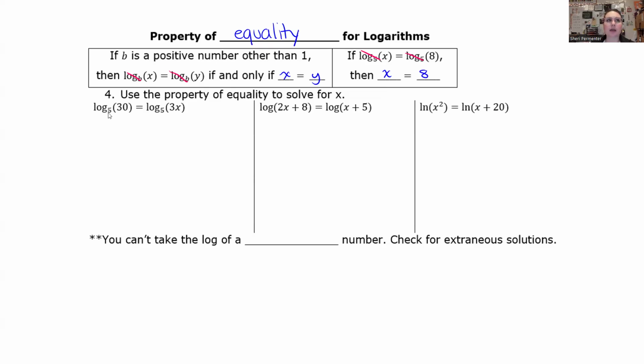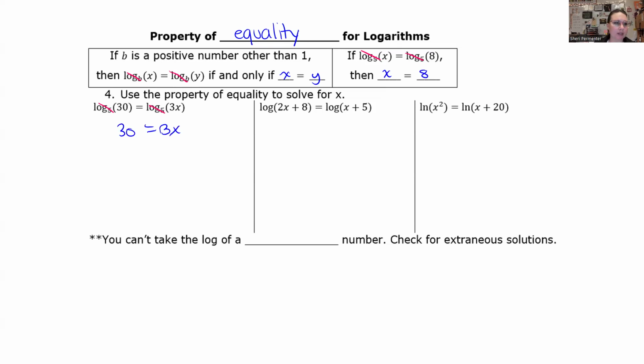So for the first problem, the base matches the base, so I can mark it out and set the stuff equal. All right, this is a simple one-step equation.